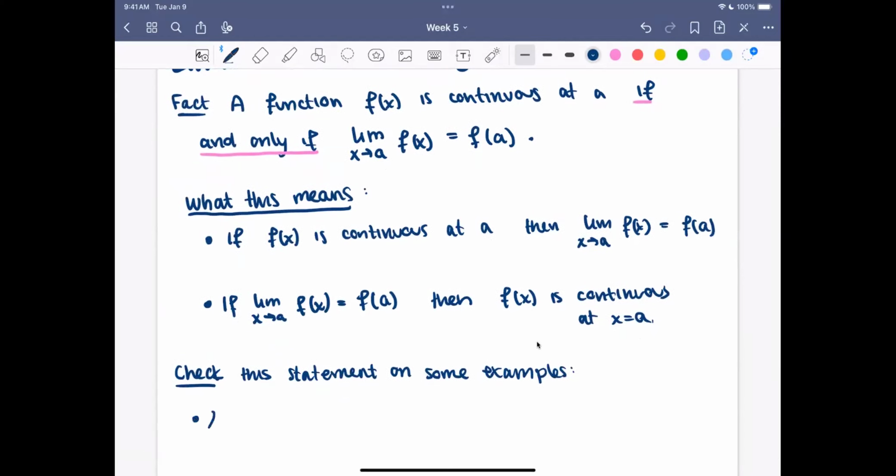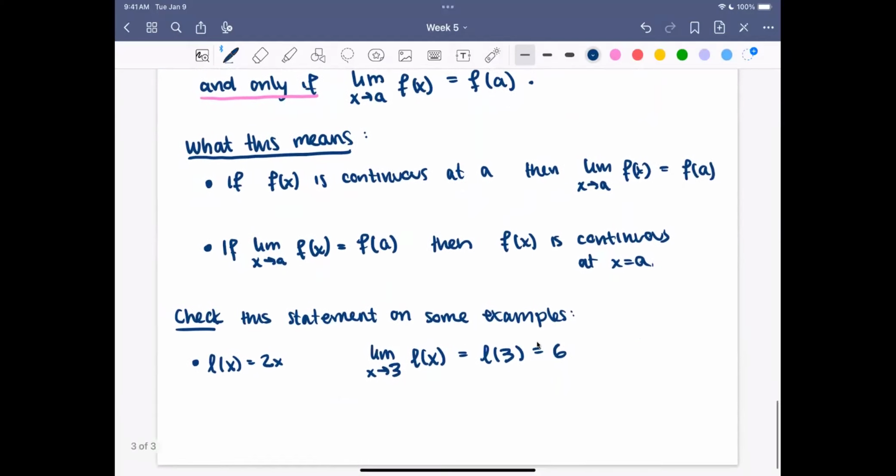One function that we've been looking at is L of x equals 2x. And we showed that this was continuous everywhere. So from that, we get that, for example, the limit as x approaches 3 of L of x is equal to the number L of 3, which is 6.